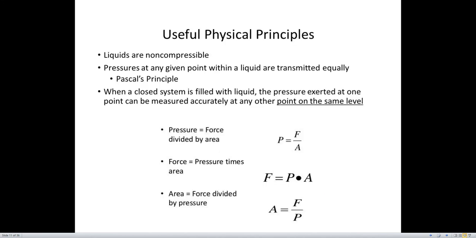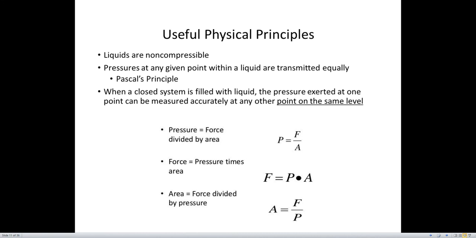Some useful physical principles to keep in mind while we go through this discussion: liquids are non-compressible. Pressures at any given point within a liquid are transmitted equally. This is Pascal's principle. When a closed system is filled with liquid, the pressure exerted at one point can be measured accurately at any other point on the same level.